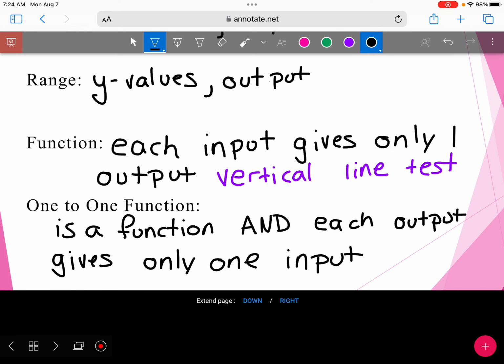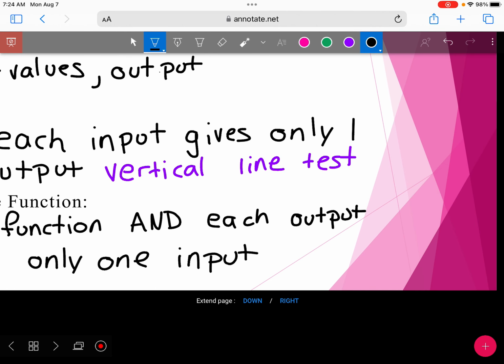I'm only going to have one x value of 4. I'm never going to have any duplicates on anything. And this one also has a special test when we're looking at pictures called the horizontal line test.